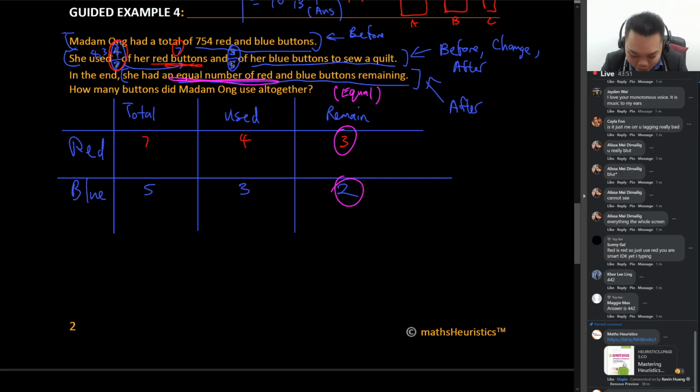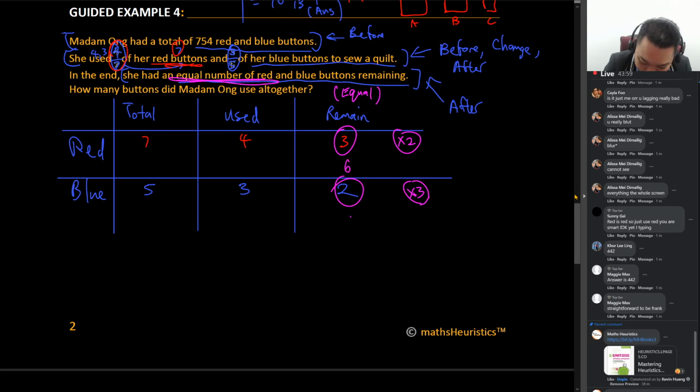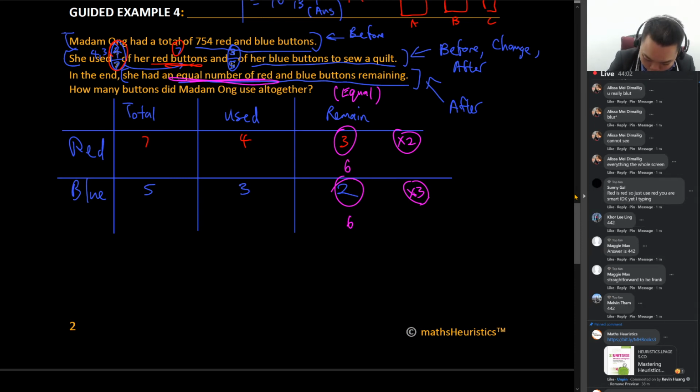We say that these two are equal, we make them the same. That is the informal way of putting it. So this becomes 6 and 6. We multiply the whole row by 2 to maintain equivalence, and then we would have this.